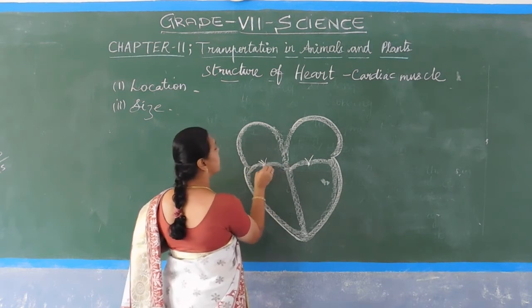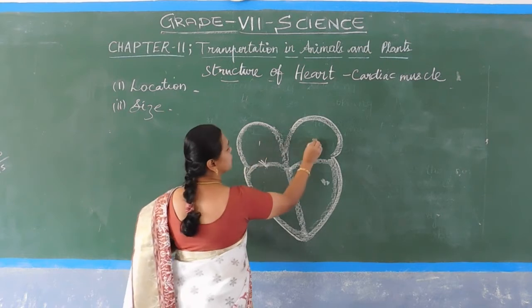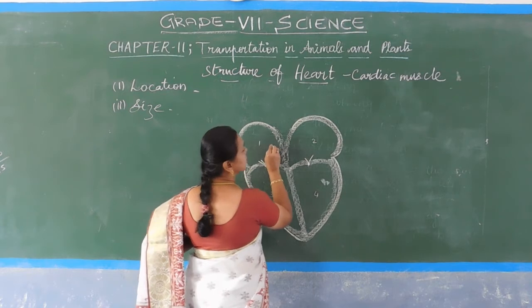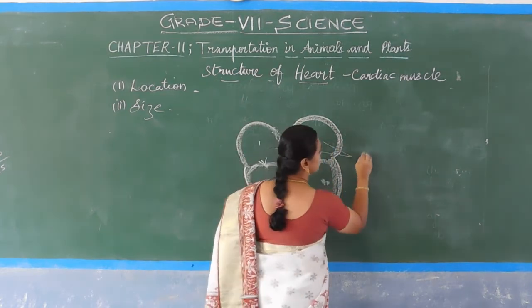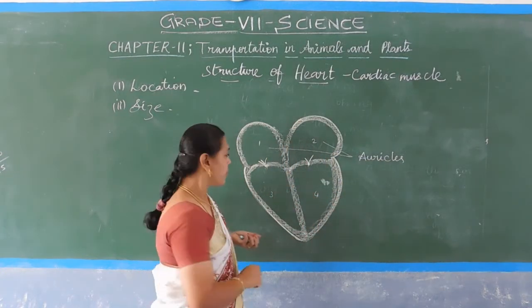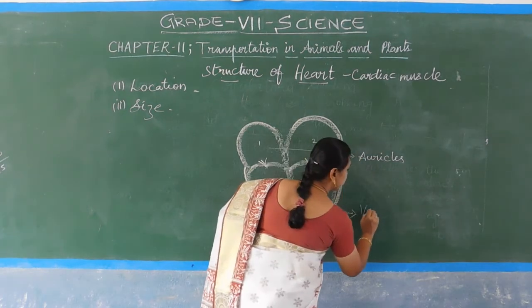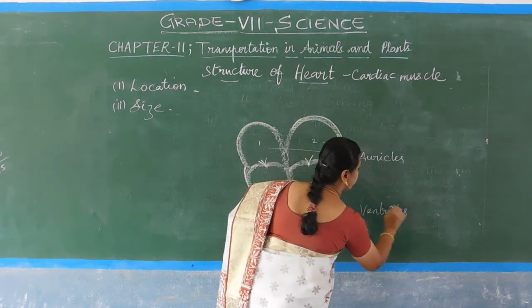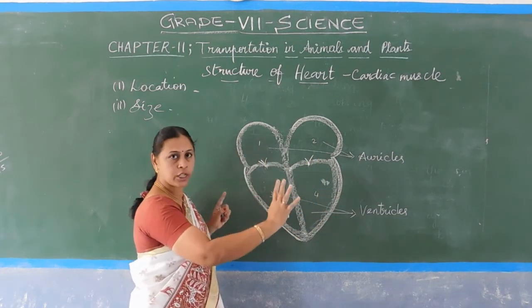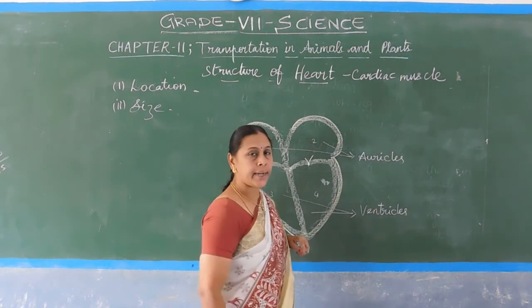So the heart is divided into 4 chambers. 1, 2, 3, 4. The upper 2 chambers are called auricles, and the lower 2 chambers are called ventricles.